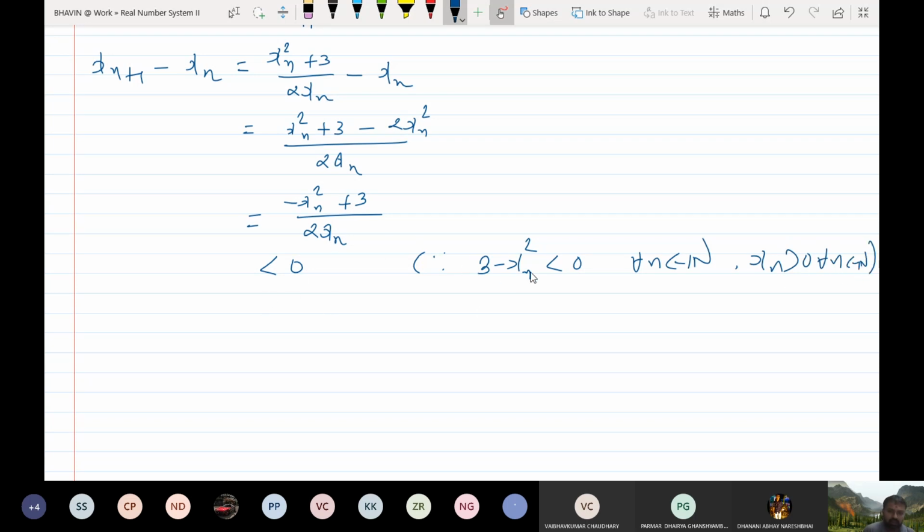Clear? समझ में आ रहा है this? Do you understand, Abhay? आ रहा है सर. Fine. So I think this is a very nice technique.